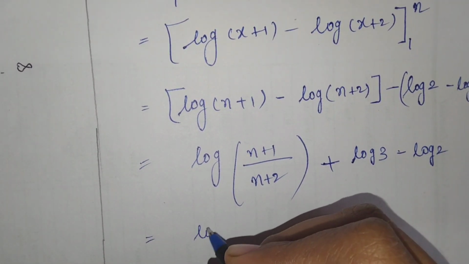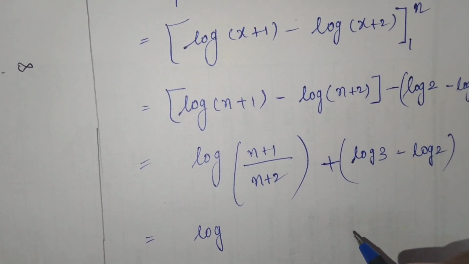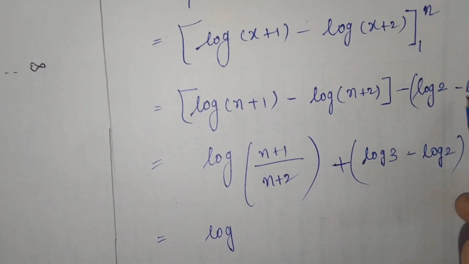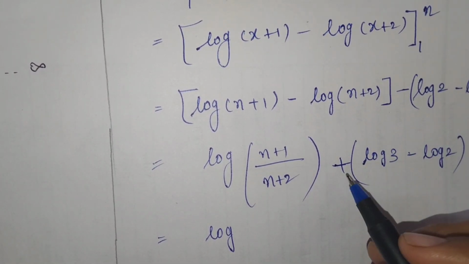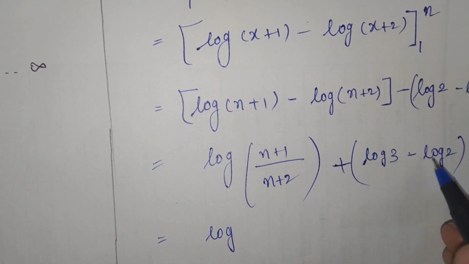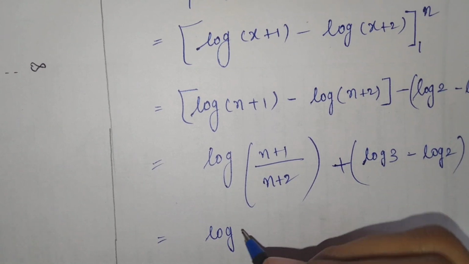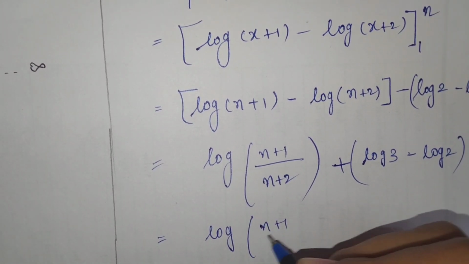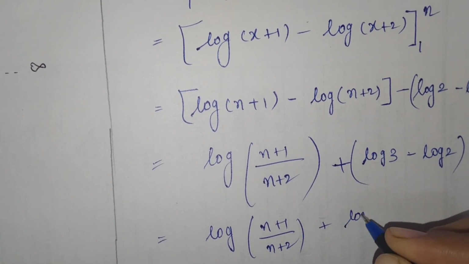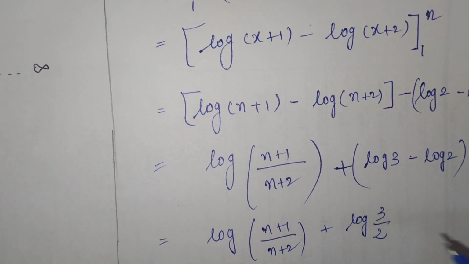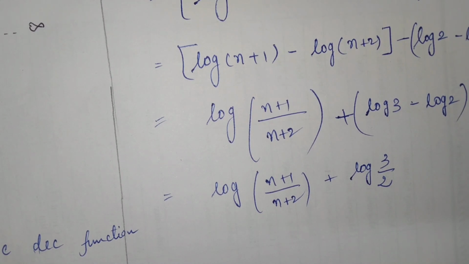Here I have done nothing, but I have taken the minus sign common. So it will be plus log 3 minus log 2. We can again apply the a by b rule, so that will be equal to log 3 by 2.